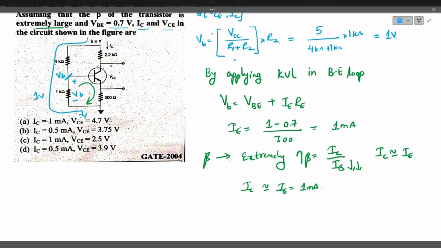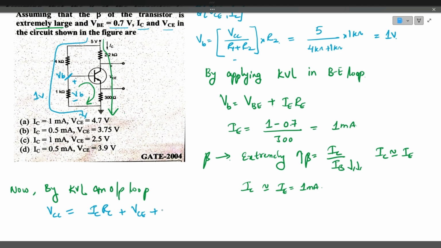So now you apply the Kirchhoff voltage law in the output loop. By applying KVL in the output loop, you will get the equation VCC is equal to IC into RC plus VCE, collector to emitter voltage, plus VE, emitter voltage, that is nothing but IE into RE.